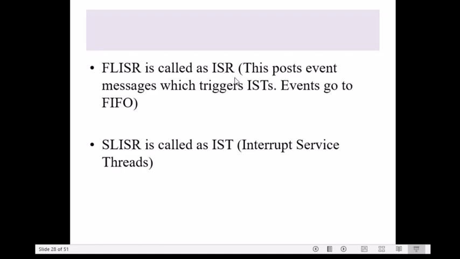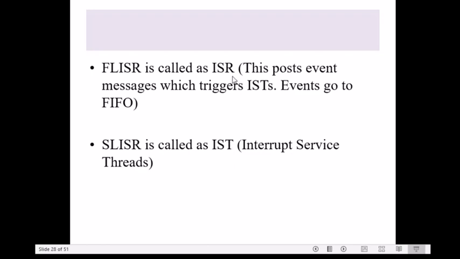Those event messages are used for initiating the interrupt service threads. So after getting the event messages from the ISR, interrupt service threads will start their execution. The interrupt service routine is of very high priority, while the interrupt service thread is of lower priority.